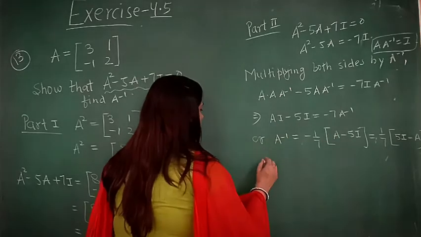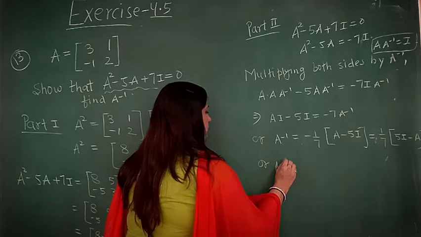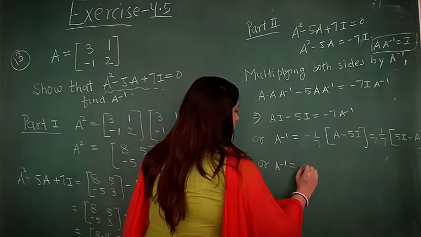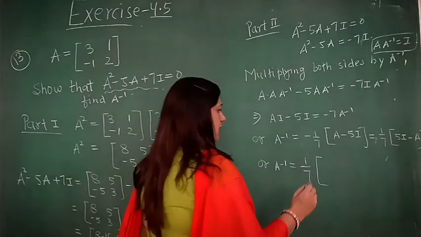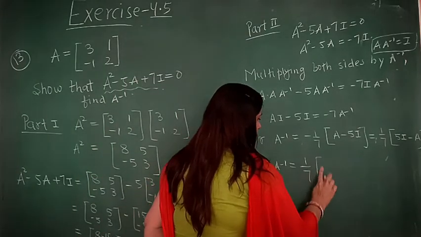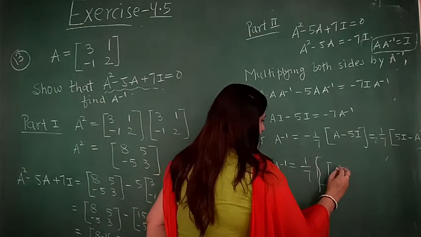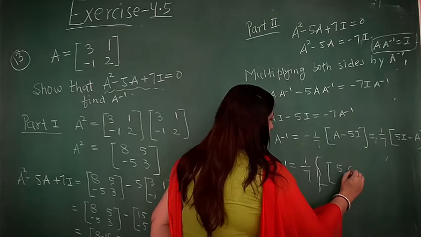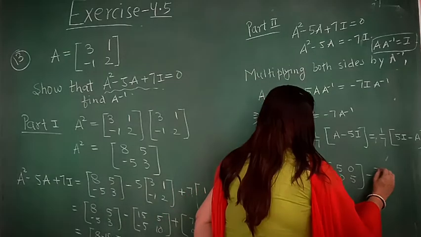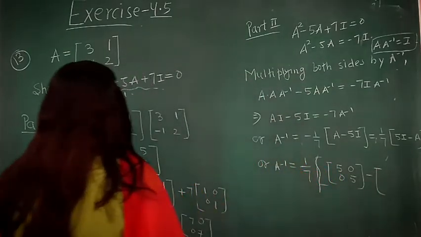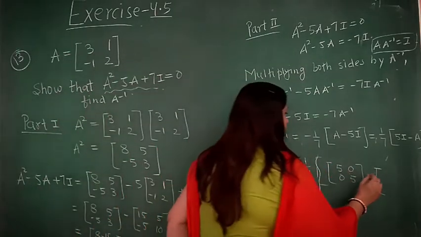So now you just find the value of A inverse is equal to 1 upon 7 into 5I minus A. 5I means you have an identity matrix of order 2 into 5. Minus A, you have 3, 1, minus 1, 2.